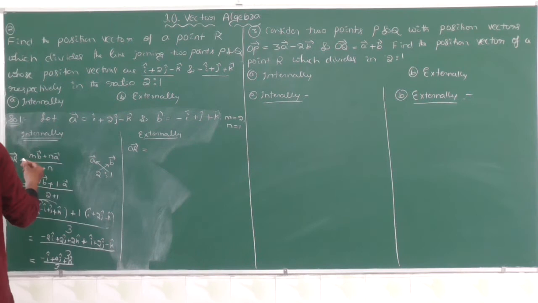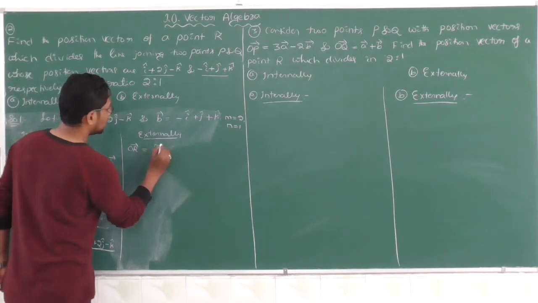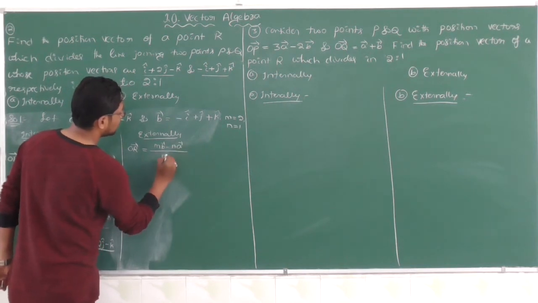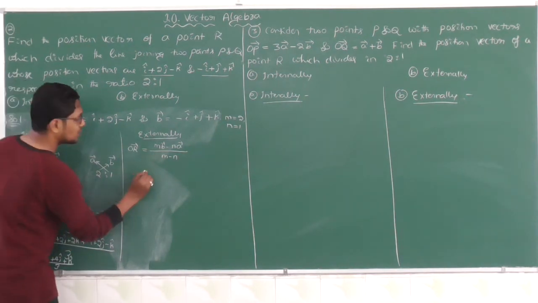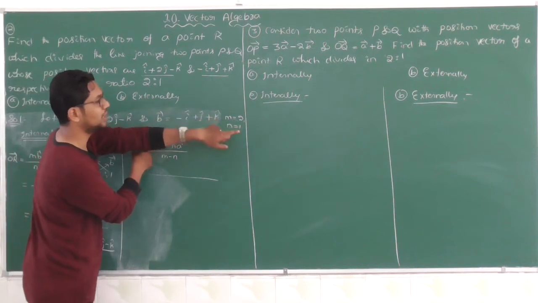OR vector equals m b vector minus n a vector divided by m minus n. Here m is 2 and n is 1.